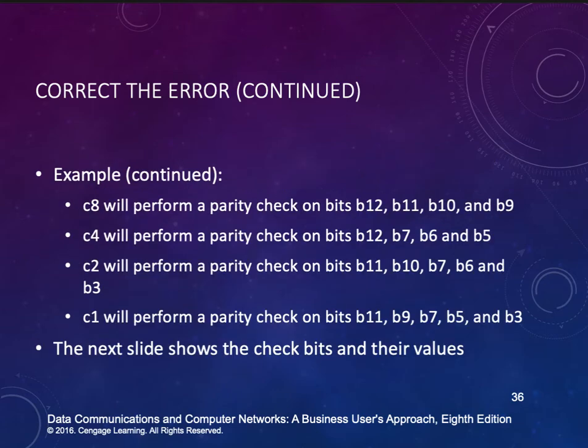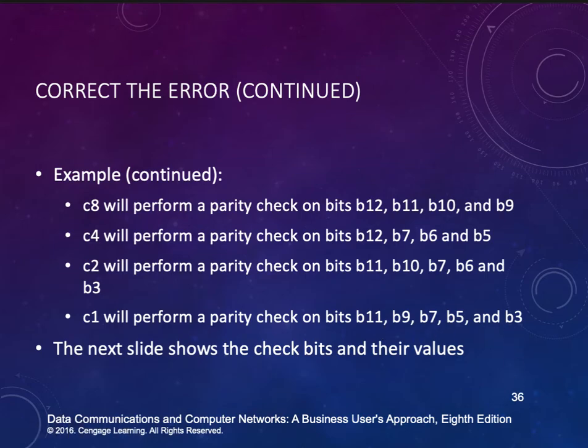For example, C8 will do the parity check for bits 12 to 9, C4 will do 12, B7 to 5, C2 will do 11, 10, 7, 6, and 3, and C1 will do 11, 9, 7, 5, and 3.